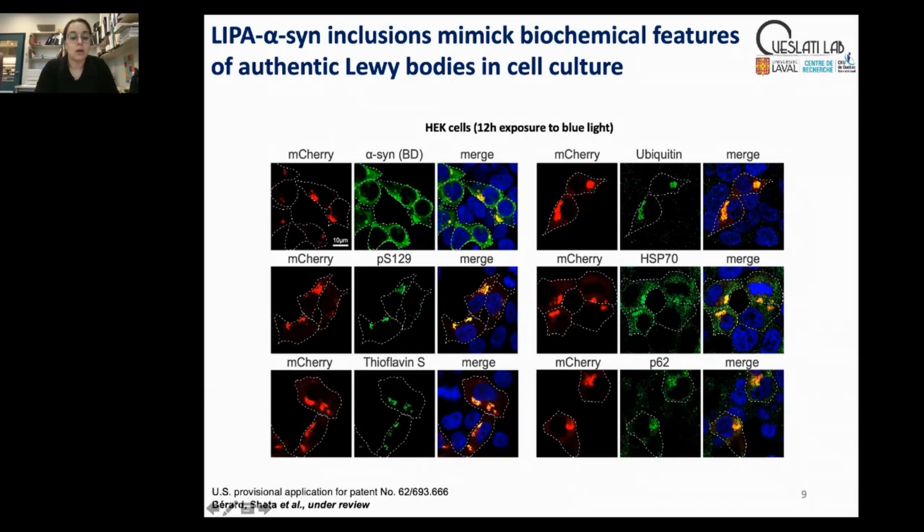We looked also at thioflavin S, which is another marker used to indicate beta sheet structures, indicative of the formation of beta sheets in our mCherry-positive aggregates. Finally, HSP70 and P62 are heat shock proteins that have also been suggested to be positive markers for Lewy body features.